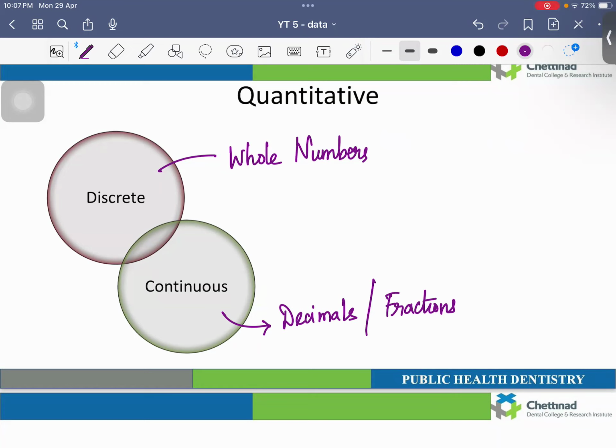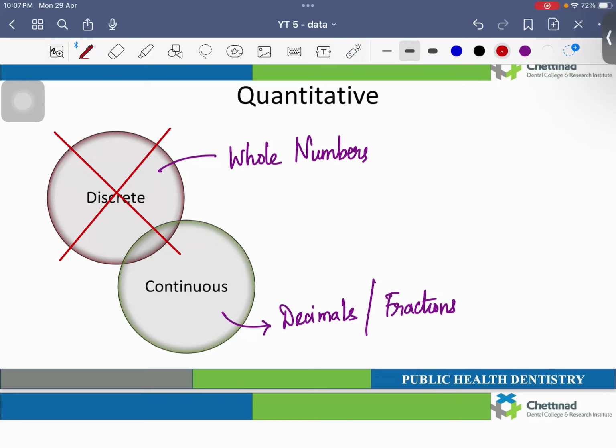Usually, guys, this kind of discrete data is mostly not there in our medicine, because for anything in medicine, anything in dentistry, when we try to summarize, we usually take the mean.